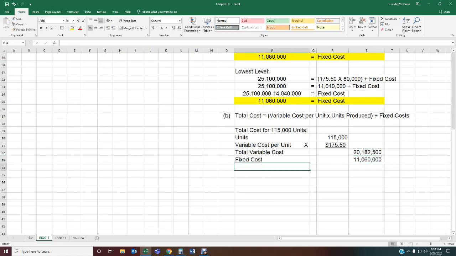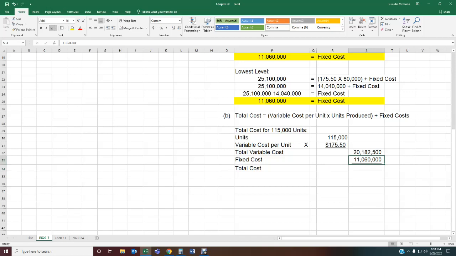Now we can calculate our total cost, and this includes both variable and fixed. So we're going to add those together. That's going to give me $31,242,500.